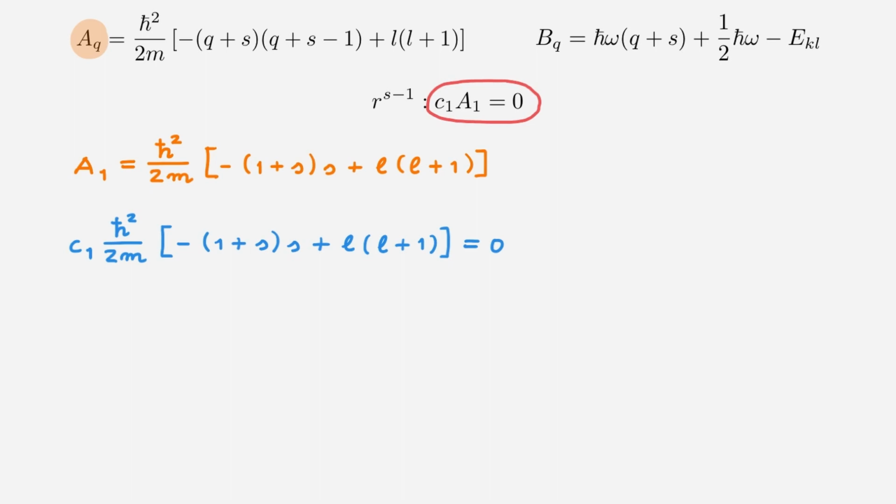In the discussion of the vanishing of the previous power, we established that s equals L plus 1, and this implies that this term in brackets here is not equal to 0. It then follows that this equation will only be true if c1 is 0. And overall, this means that there is no c1 coefficient in the power series of v.